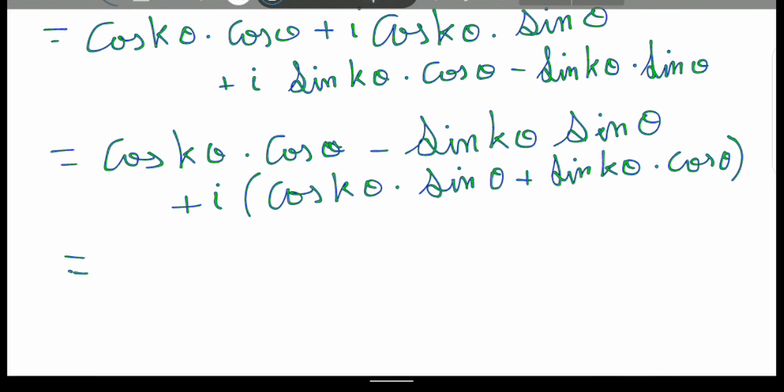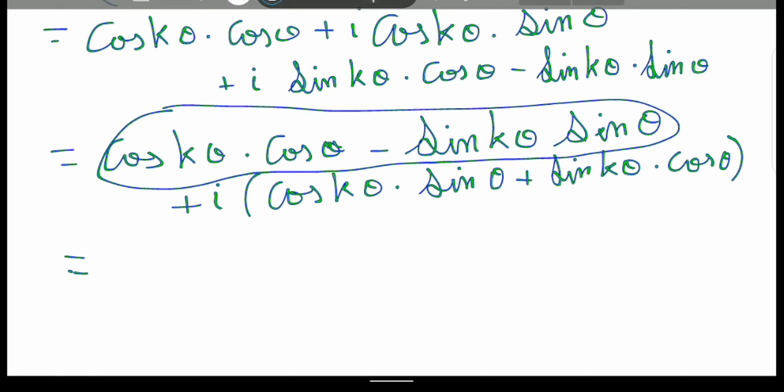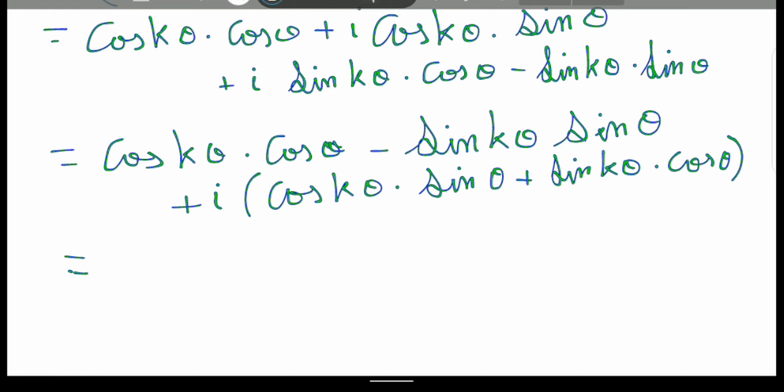Now we can combine these as well. For that, we know the formula: cos(A plus B) is cos A cos B minus sin A sin B. Let this be A, let this be B. If we apply that formula, then we have cos of (k theta plus theta). Similarly, here we have sin(A plus B).